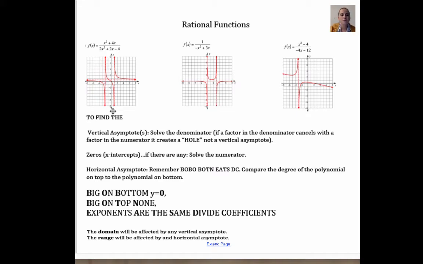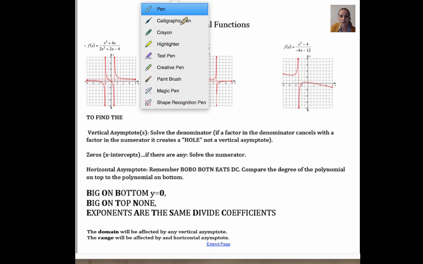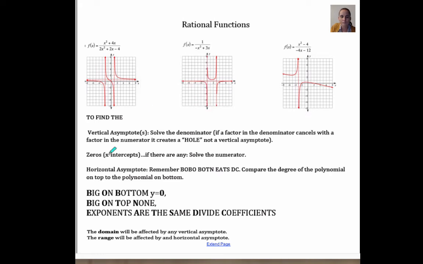Okay, so if you want to find the vertical asymptote, there may be more than one vertical asymptote, but in order to find the vertical asymptote, you solve the denominator. The denominator is the bottom part of the fraction, okay?